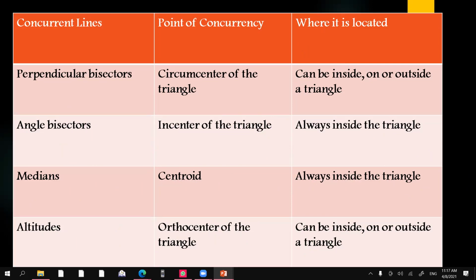The perpendicular bisectors' point could be inside or outside a triangle, but the angle bisectors' point is always inside the triangle. For the medians, the point of concurrency is called the centroid, and it is always inside a triangle. And for the altitudes, the point is called the orthocenter of the triangle, and it can be inside or outside a triangle.